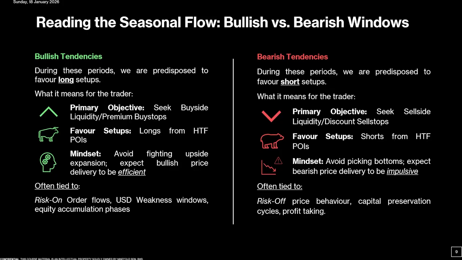And the biggest mistake that you could make here is trying to pick a bottom. And if you're on the wrong side of the trade, you're offside. You're convincing yourself that price simply has to reverse.